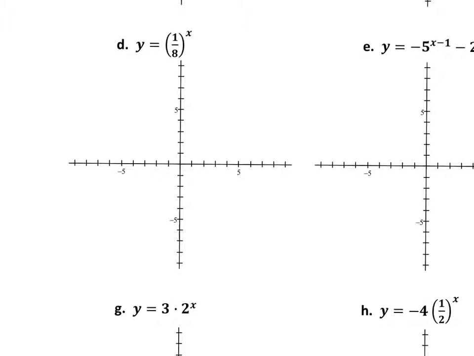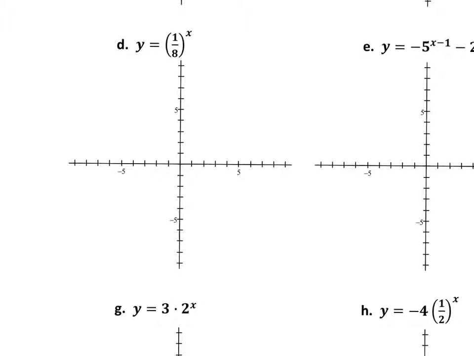All right, so now what's this 1/8 going to do? That's like 8 to the -x, correct? So let's think about it. If I have 8 to the x, it's going to be 8 to the -x.